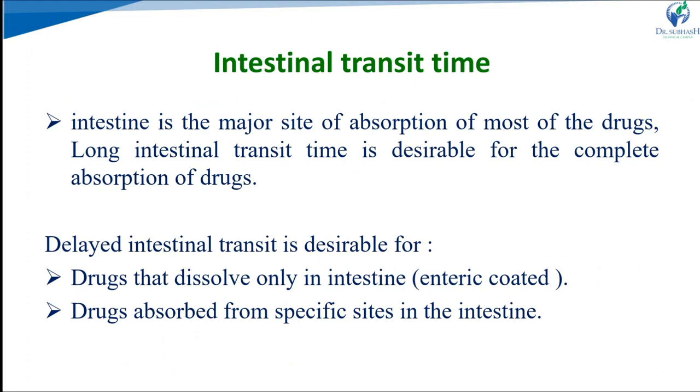The intestine is the major site for absorption of most drugs. So a long intestinal transit time is desirable for complete absorption of the drug, so the drug stays more time in the small intestine. Delayed intestinal transit is desirable when the drug dissolves only in the intestine, as with enteric coated drugs, or when the drug is absorbed from a specific site in the intestine. So at those times we require it.